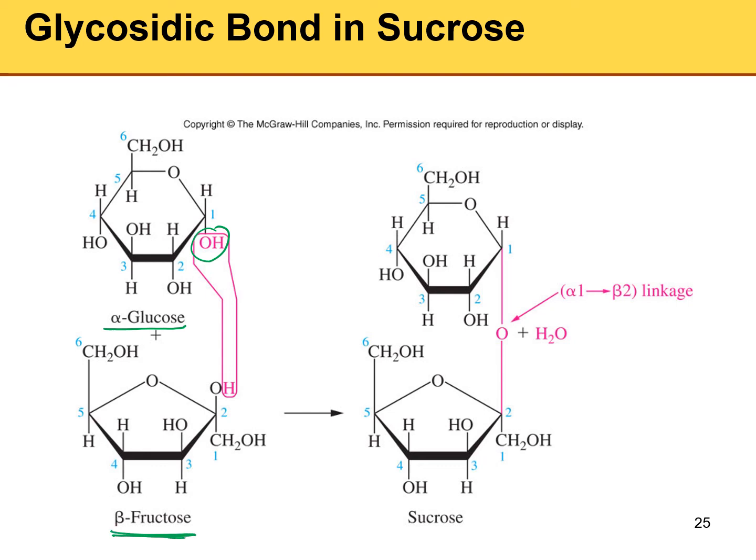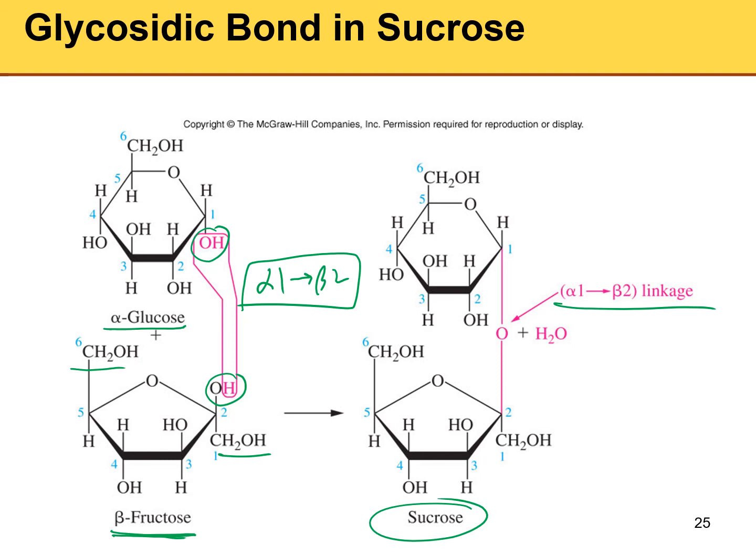So for beta fructose, OH has to be up, and then CH2OH, CH2OH, and you get this glycosidic bond. So we say alpha 1 to beta 2. That's what this bond is. Alpha 1 to beta 2 linkage, and this is called sucrose. It's a disaccharide between alpha glucose and beta fructose.